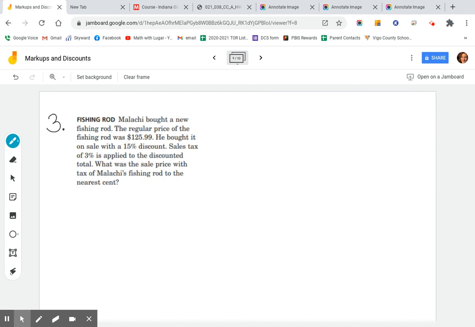We have to find the new price first. So I'm going to start with that 15% discount. I'm going to scoot to the left and make that 0.15. I'm going to take that times $125.99. So let's see, 0.15 times $125.99.